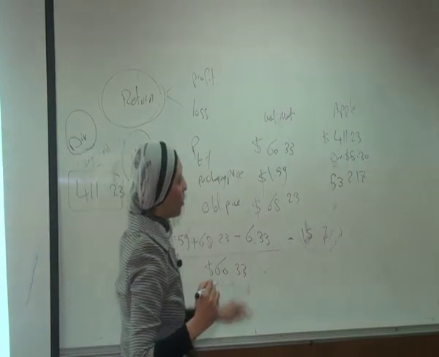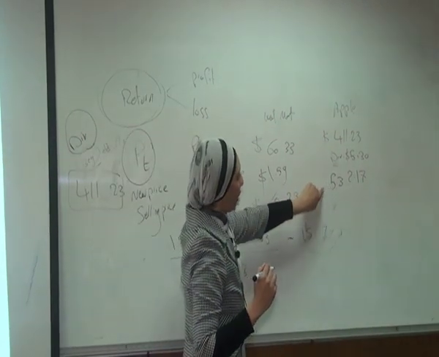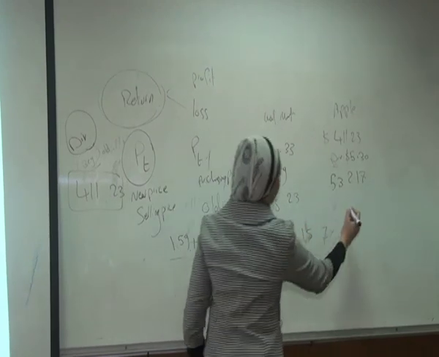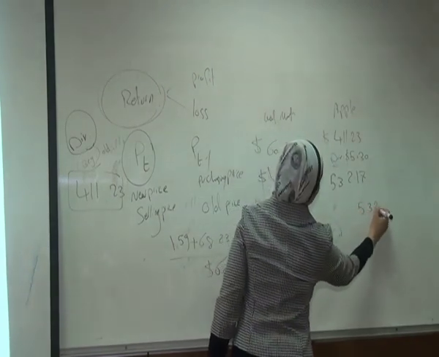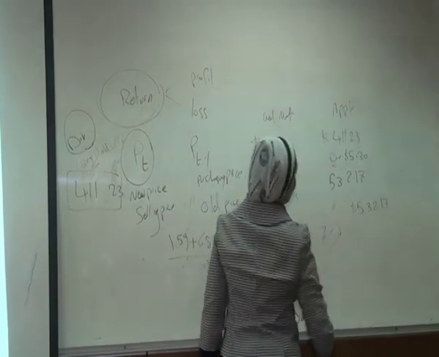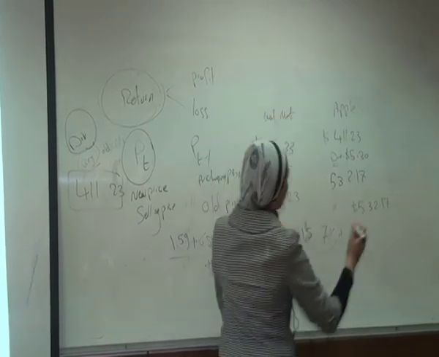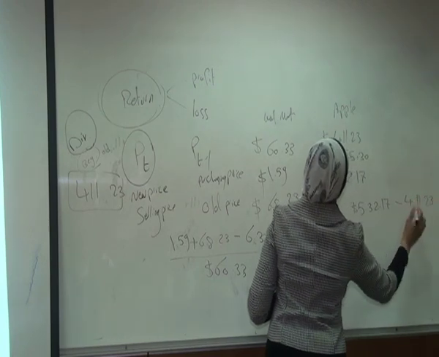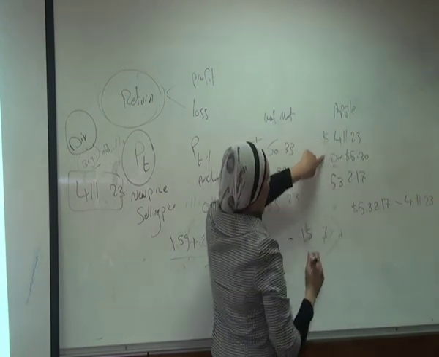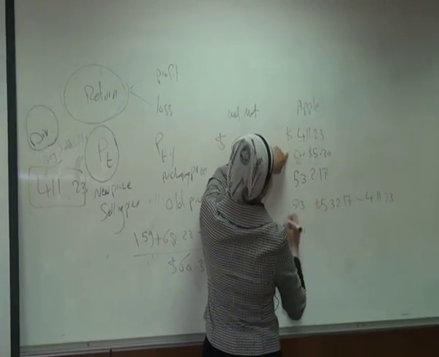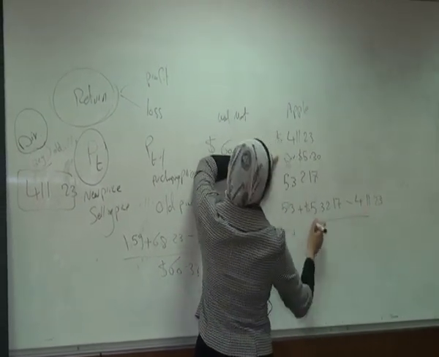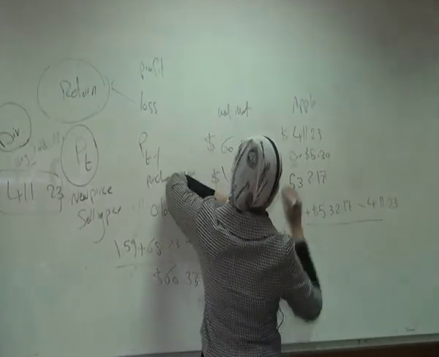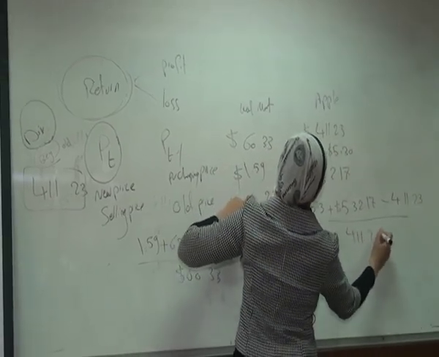Regarding Apple, we need to know the new price. Okay, the end of year price, it was $532.17 minus the beginning price, which is $411.23. The company already distributed $5.3 as dividends. All of that divided by the old price, which is $411.23.